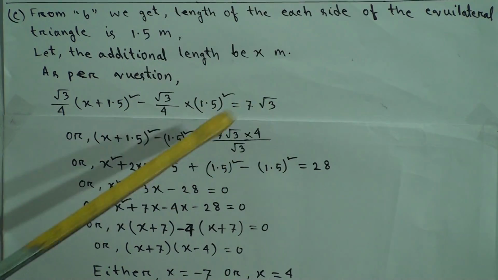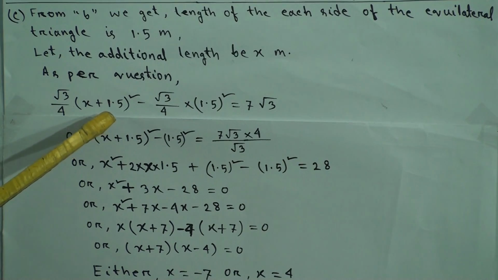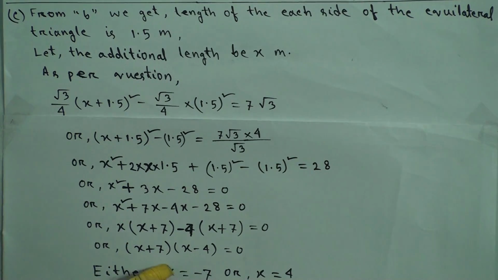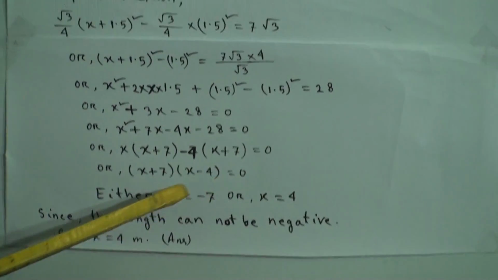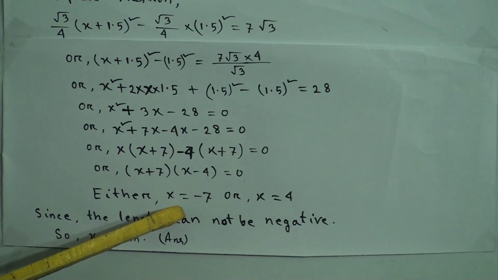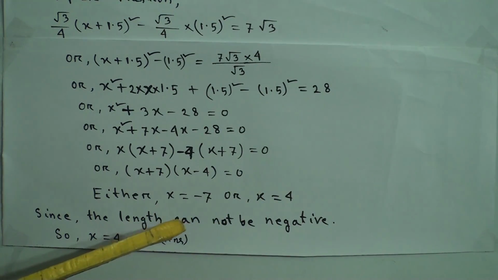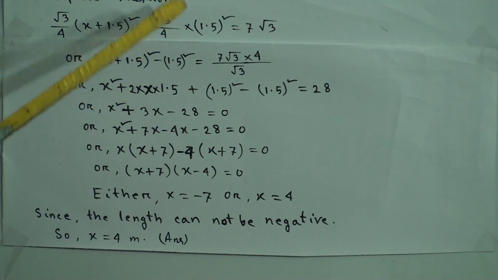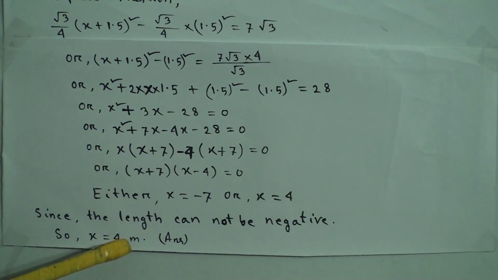So as per the question we can write it, and solving this equation we can get the value of x. Here (x plus 7) into (x minus 4) equal to 0. Either x equal to minus 7 or x equal to 4, but x is the length. Length may not be negative, so the value of x will be 4. That means our additional length will be x, and the additional length will be 4 meters, so the answer will be 4 meter.